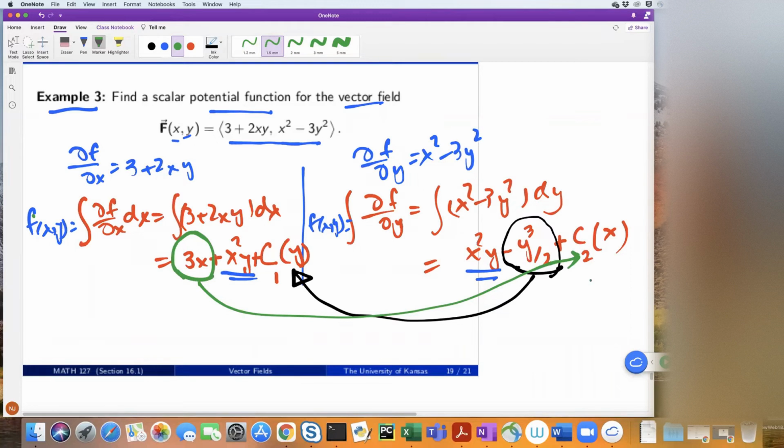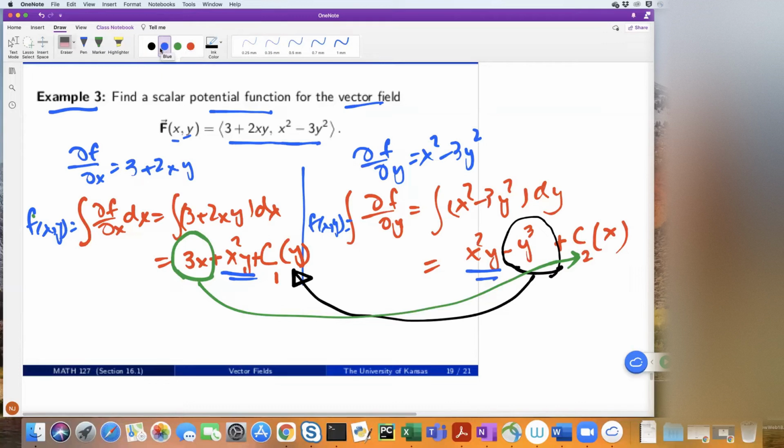You just don't know what this C2 is. That tells me that C2 is 3x. This one tells me that C1 is minus y to the third over, why do I have over 2? And why didn't you guys yell at me for that? There we go. So that was the story.